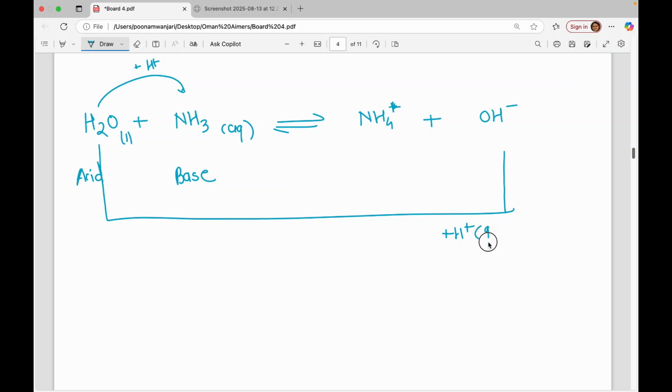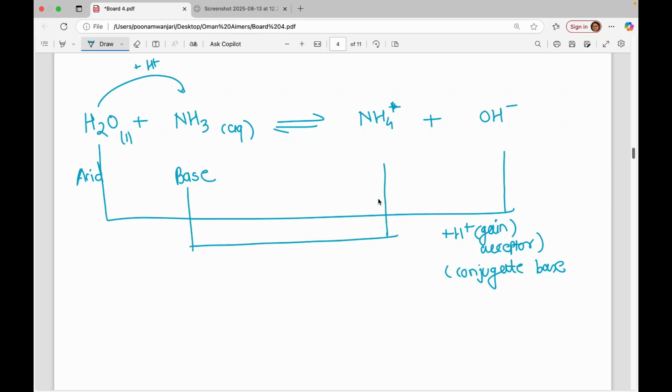So there is a gain, meaning it is a proton acceptor, and when it is a proton acceptor, this is called a conjugate base. So here, students, water and OH minus are an acid and conjugate base pair.